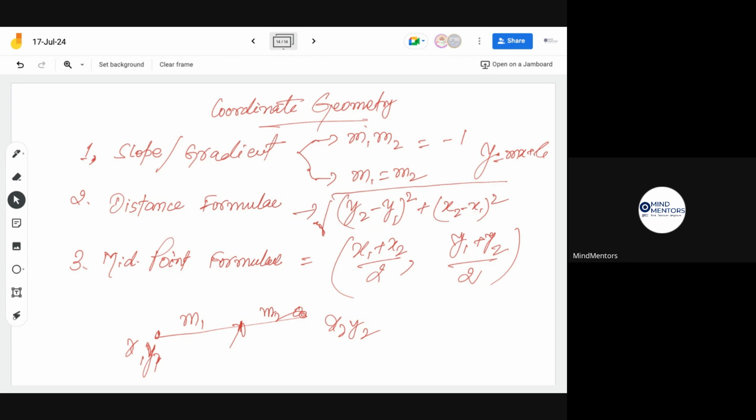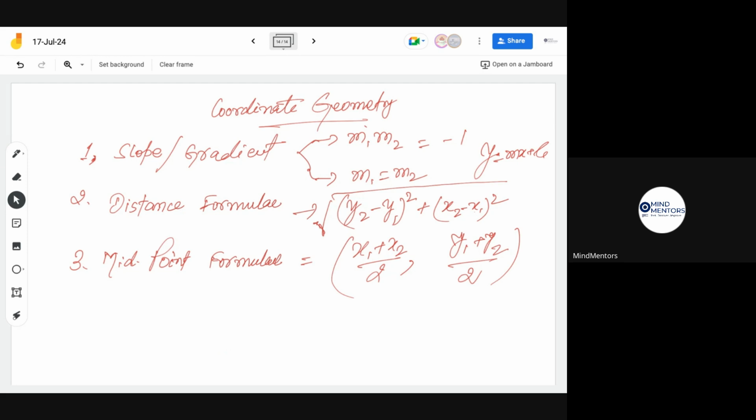So all fundamental first principle formulas and understanding are these three: understanding slope gradient, which is absolutely critical for you in higher classes, slope gradient, tan theta, and whatnot, and the distance formula between 2 points and the midpoint formula between 2 points.